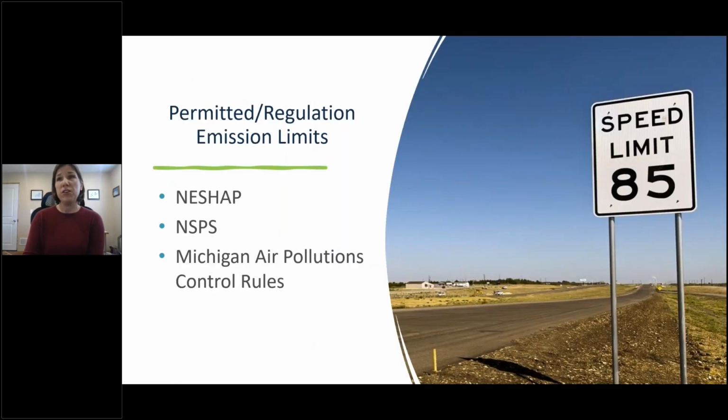The Michigan Air Pollution Control Rules and federal air quality regulations, such as the New Source Performance Standards, or NSPS, and National Emission Standards for Hazardous Air Pollutants, or NESHAP, contain emission standards that limit emissions of specific air contaminants from certain sources.